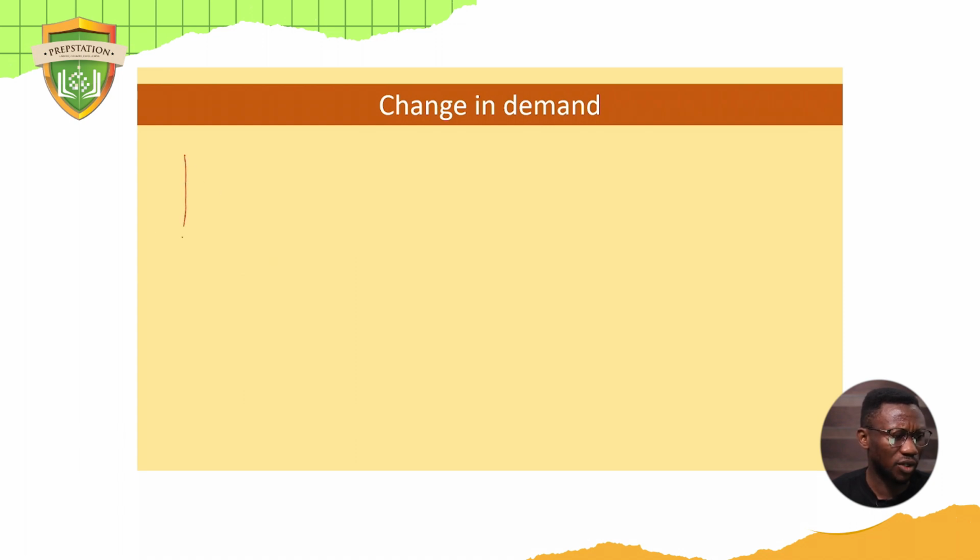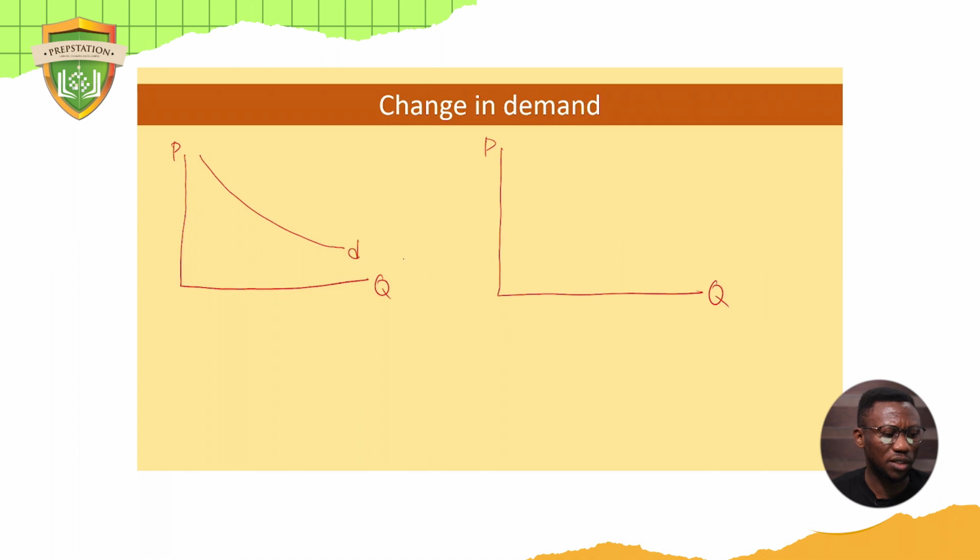So let's say I'm drawing a graph right now, and this is my regular demand curve drawn with the price axis and the quantity axis as well, just like this. Now, if we have an assumed demand curve to be D and another assumed demand curve to also be D, just like this, they look identical. So just to show you what a shift in demand is and a movement in demand is.